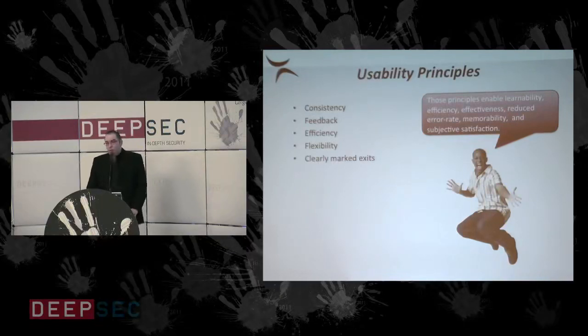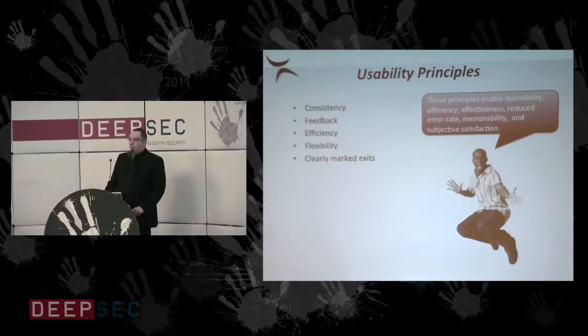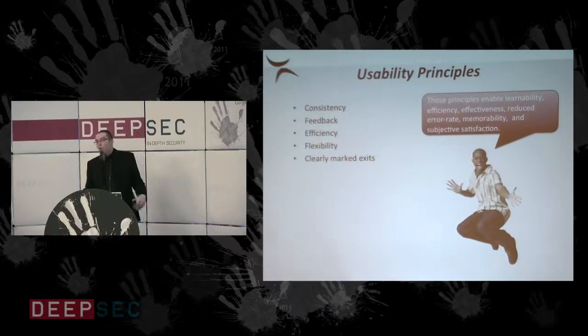Not all of the principles are weighted equally, as I already said, and some of them are very debatable in the area of IT security. Clearly marked exit just means do not provide dead ends for users. Just don't let them drive into one-way streets without a way to come back. But imagine what to do with, for example, an invalid certificate. You want the user to have a one-way there, because when the certificate is invalid, the user should maintain security and not go to the site.